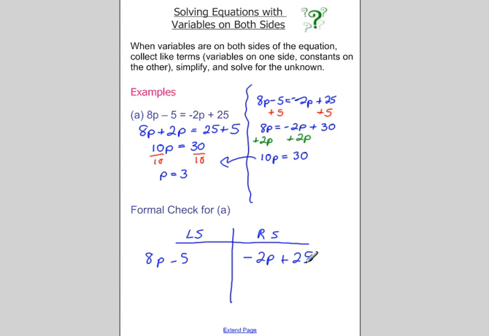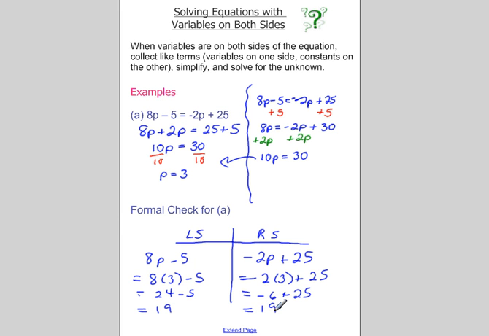Your next step is to substitute. So everywhere you see a p, you're going to put in a 3. And then you follow BEDMAS, and you get an answer on the left side. You're going to do the exact same thing on the right side. And you get 19.